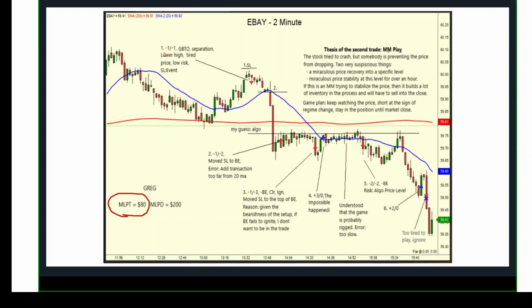So first thing he says here is shorting one lot on a GBTO on separation, a lower high, tired price, low risk, stop loss event. Wow, okay. Let's take a look at this. First of all, in GBTO, I guess this is your GBTO, Greg? Why is that not a GBTO, really?